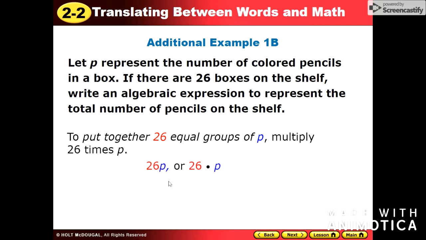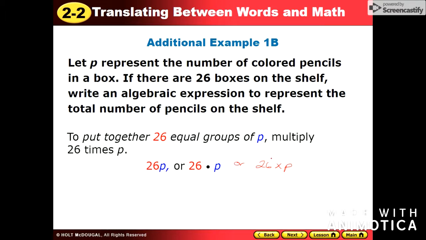Remember, when you're using multiplication, especially with algebra now, it's kind of nice when you don't even have to put any sign in there. We know the dot can mean it, or you could even put 26 times P. But remember, you don't really like to do this because now it looks like 26xp.